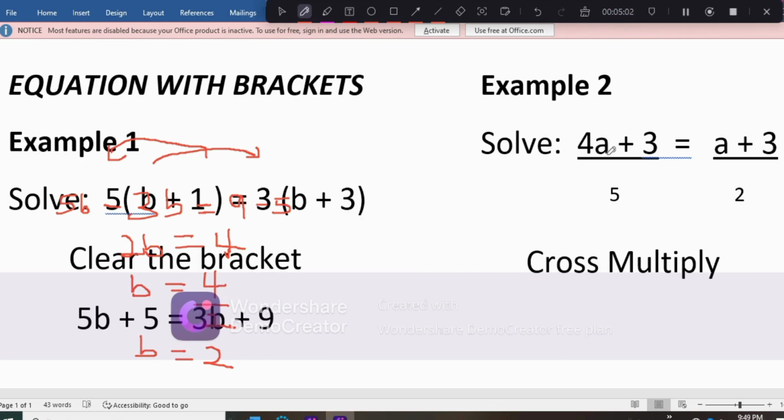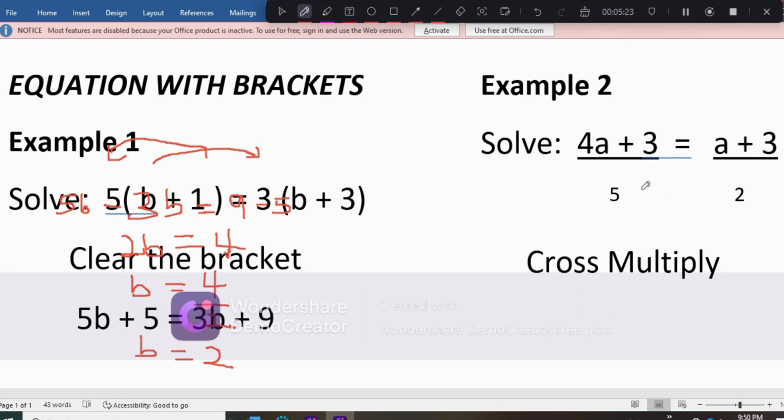Okay, here is another example, example 2. (4a + 3)/5 = (a + 3)/2. What do we do in this regard? You can see the expression here, cross multiply.